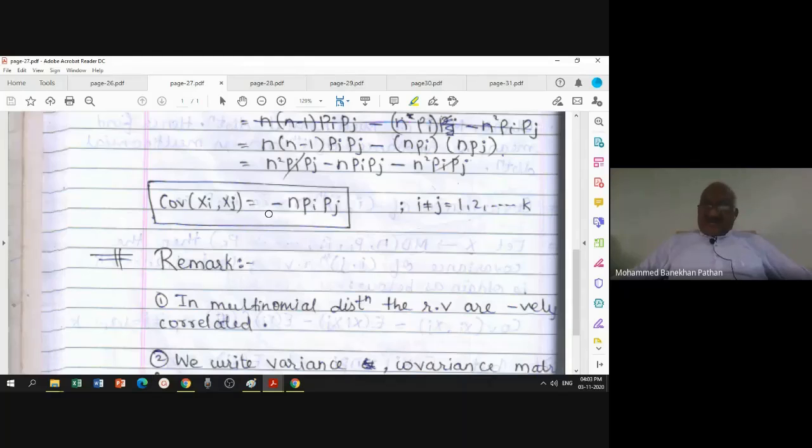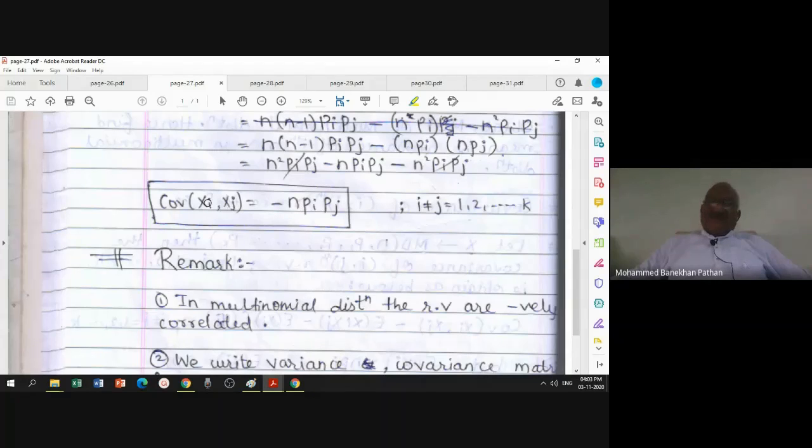Now in this expression, we have an important thing to understand. n represents the number of trials, which is never negative. pi is a probability, never negative. pj is a probability for the jth random variable. So these three quantities are positive. So what this minus sign says is that under the multinomial distribution, if you study any two variables, they are oppositely related.